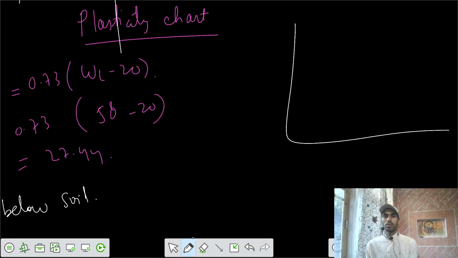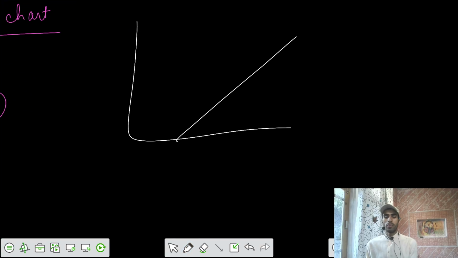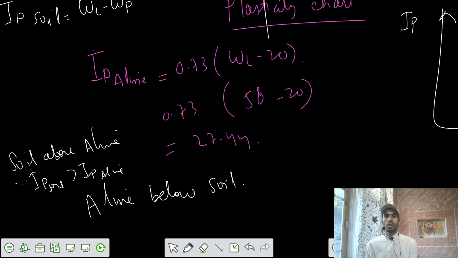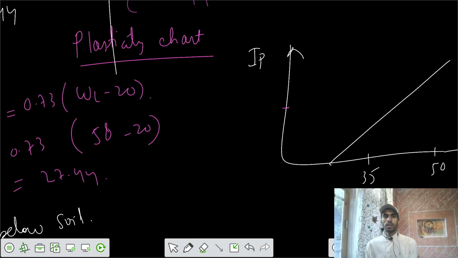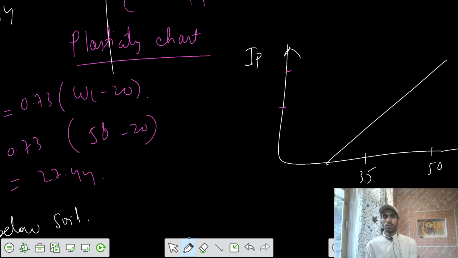Your soil is somewhere above the A line. Now say there is a 35% liquid limit, a 50% liquid limit, and this is your liquid limit, and from this side we have the value of IP. Let's say 27.4 was somewhere here, and our value of 44 was somewhere here.